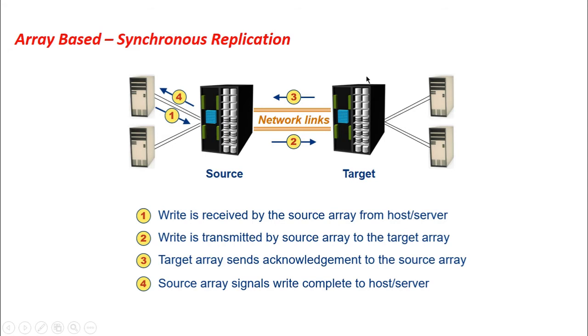During the network link outage, if there is a failure at the source site, some data will be lost and the RPO at the target will not be 0. So if the network link fails and the source storage array also fails, that may cause some data loss. So that is synchronous storage array remote replication, or storage array based synchronous replication.